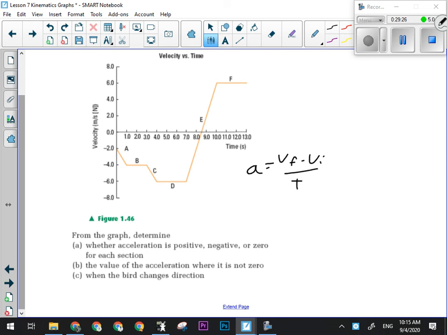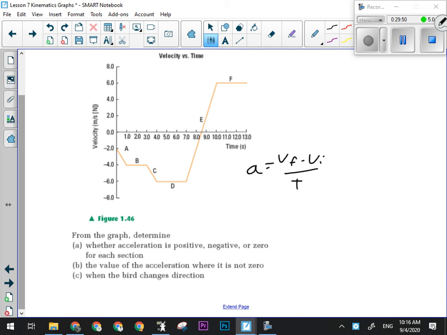How can I tell without doing any math that the accelerations here are the same? Remember, on this graph, the change in velocity over time is the slope. Are the slopes of those two lines the same? Then I don't need to calculate it twice. I can visually tell that the accelerations are the same there.